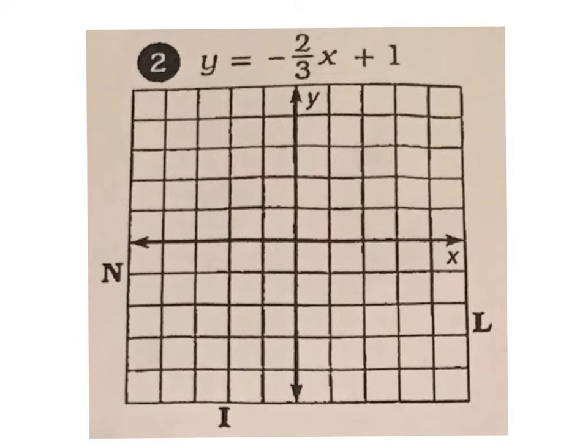Now we're looking at number 2 where it says y equals negative 2/3 x plus 1. So our movement is the negative 2/3. So that means we are going to move down this time because it's negative and to the right 3. And then our initial value is the 1. So we're going to start at 1 on the y-axis, which here's the origin, so this would be 1.